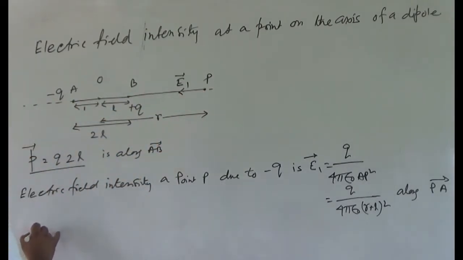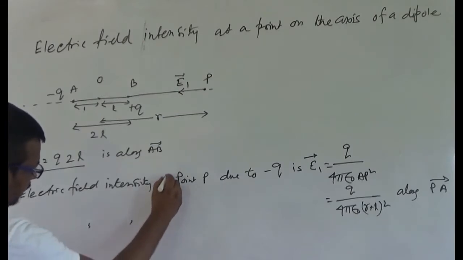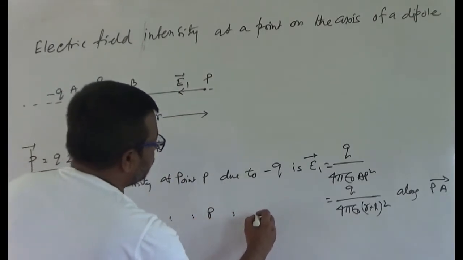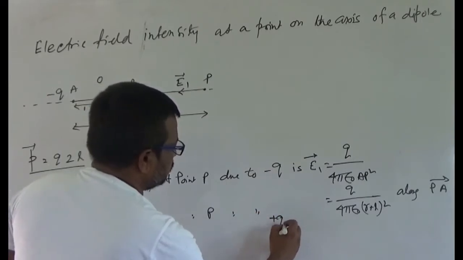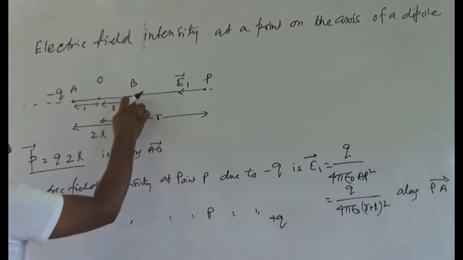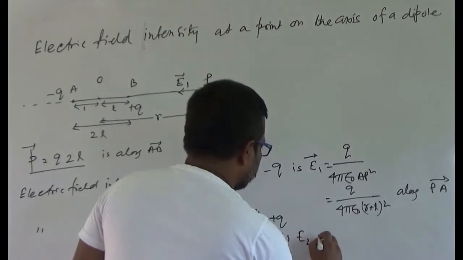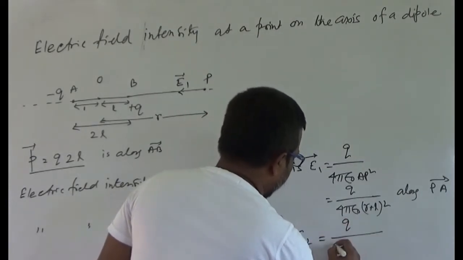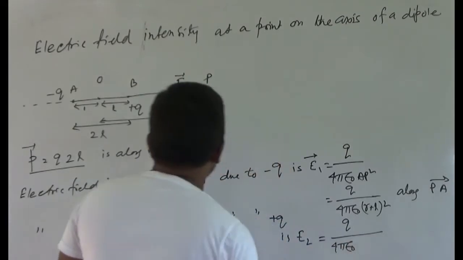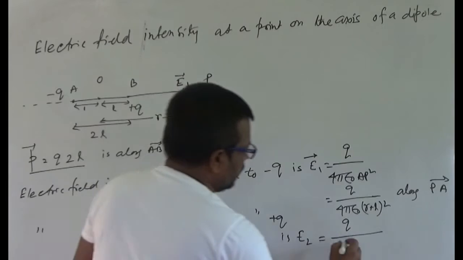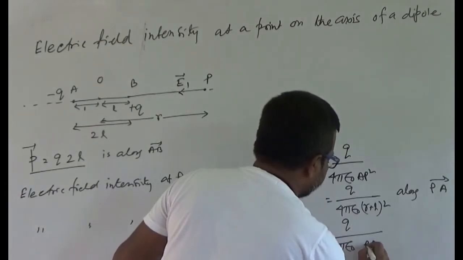Now the electric field intensity at point P due to the plus q charge at B is E2, equal to q divided by 4 pi epsilon naught BP square. The distance is BP.